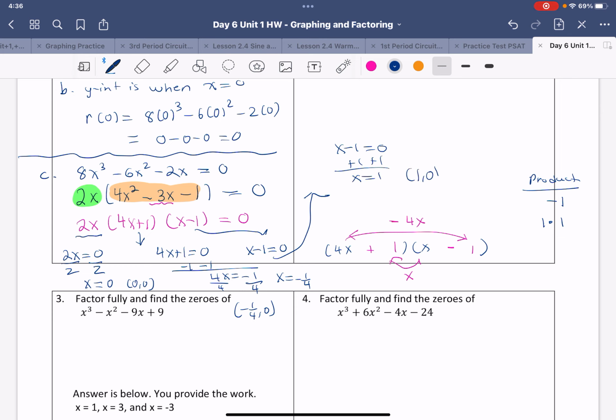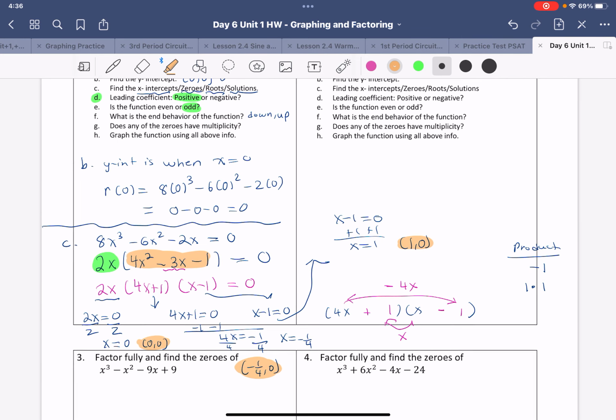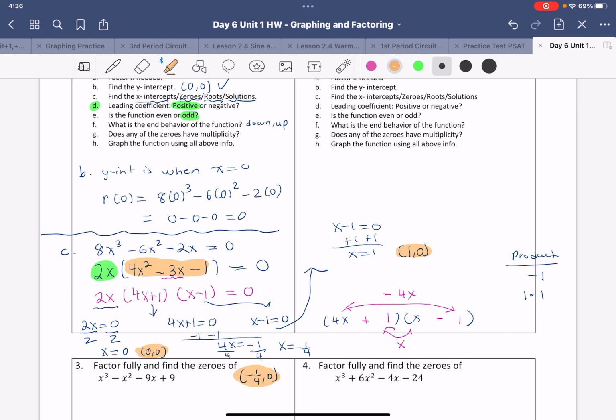You get 1, 0. So my x-intercepts are 0, 0, -1/4, 0, and 1, 0. So I'm just going to go up here and kind of write them out, because you're going to need more room when we graph it.